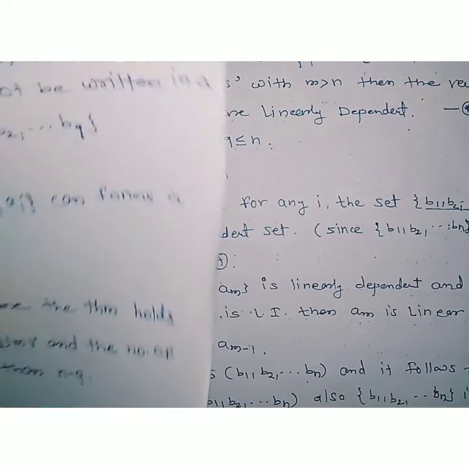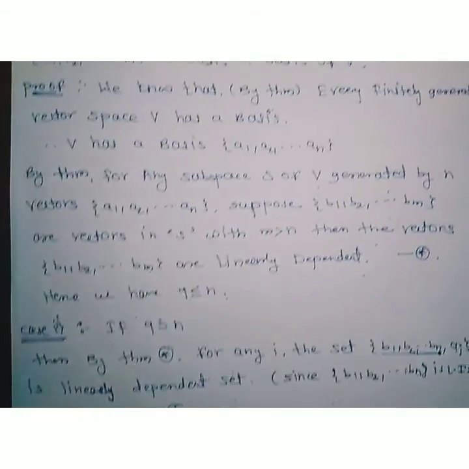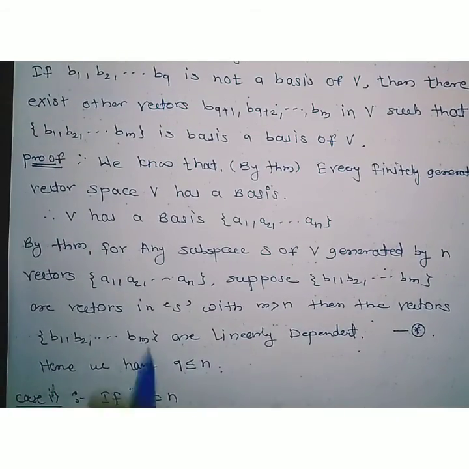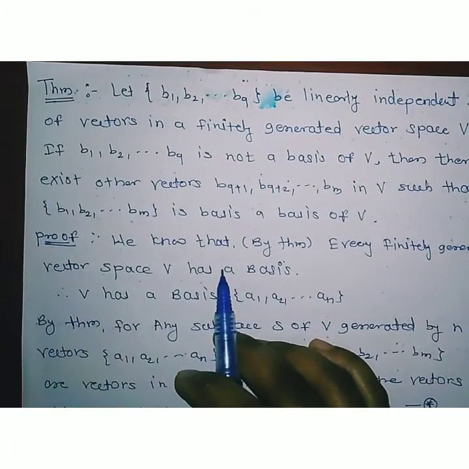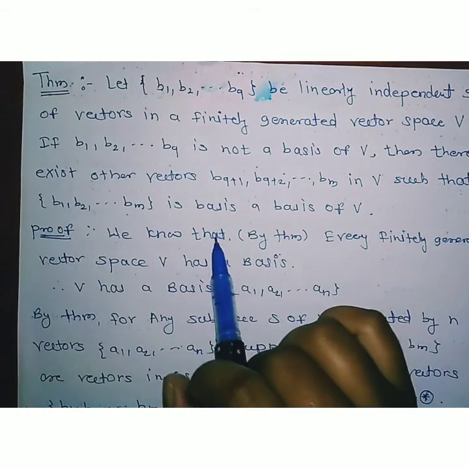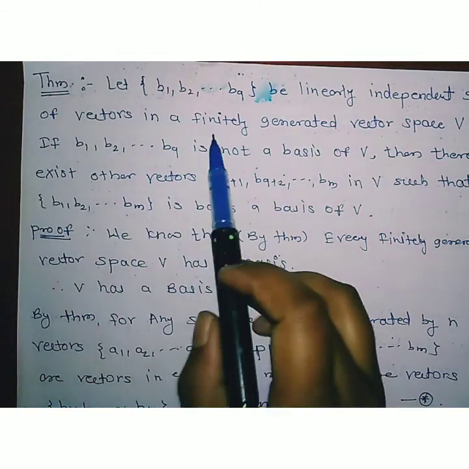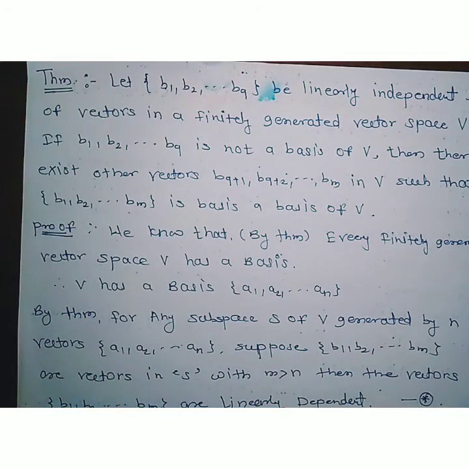So, in short, what is given in the theorem? We are given a set of vectors b1, b2, ..., bq which is linearly independent but cannot form a basis. Therefore we add another set of vectors to that set which can form a basis of that vector space.